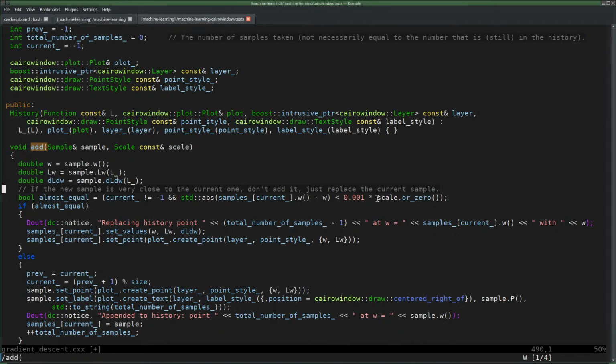And if the scale is 0, then this is never going to be less than, of course, because the absolute value is not less than 0. So this is false, and therefore it adds it anyway.